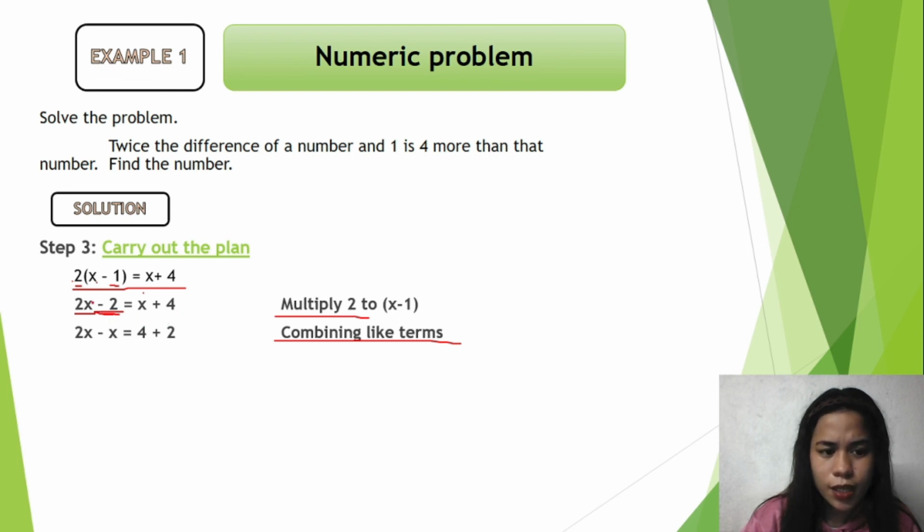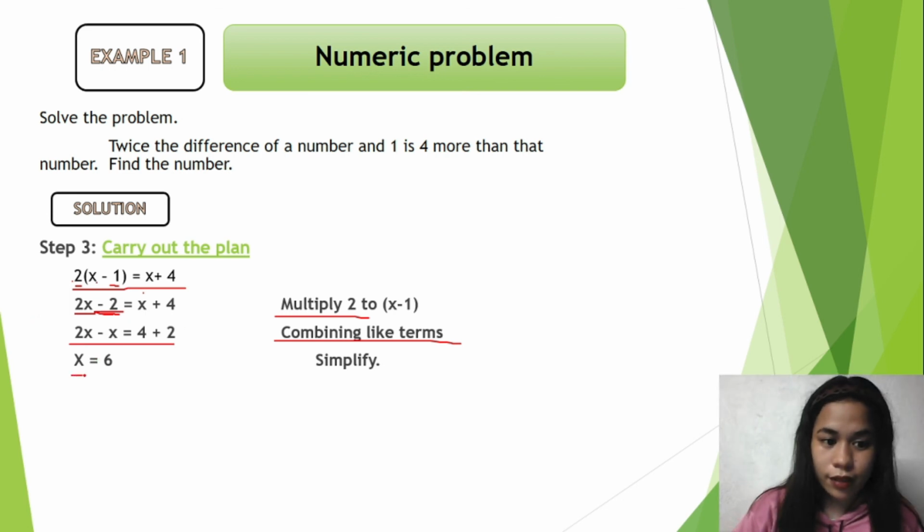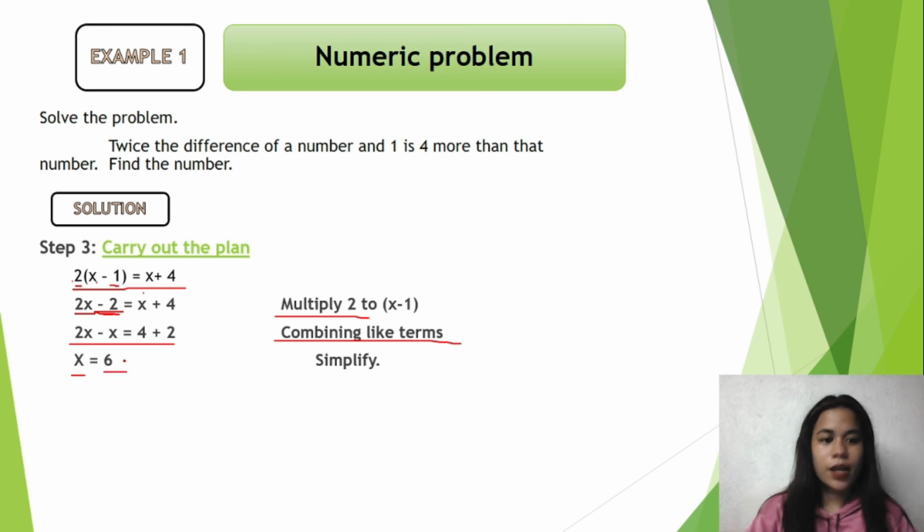So, since negative siya, ang mangyayari niyan is magiging positive. So, you have 4 plus 2. So, we have 2x minus x is equal to 4 plus 2. Then, we can now simplify it. 2x minus x is equal to x. And then 4 plus 2, it is equal to 6. Now, our number here is x is equal to 6.